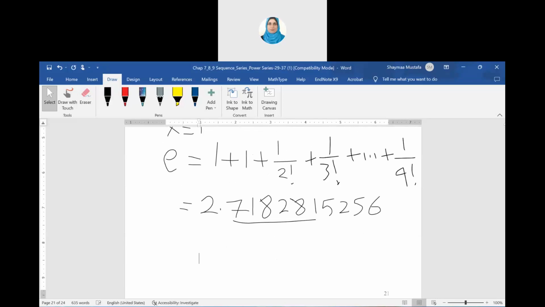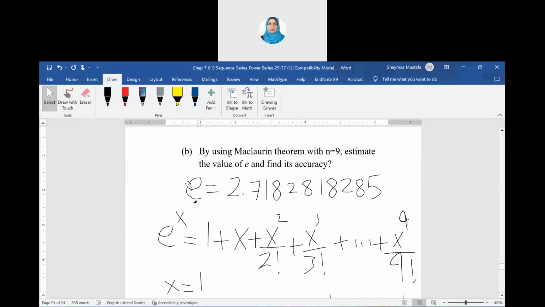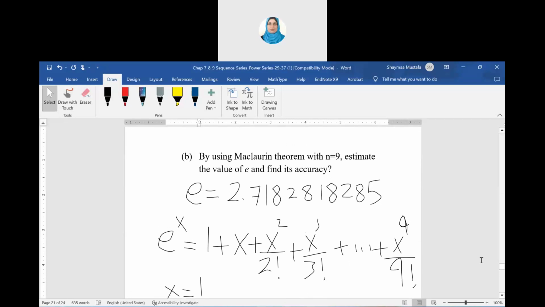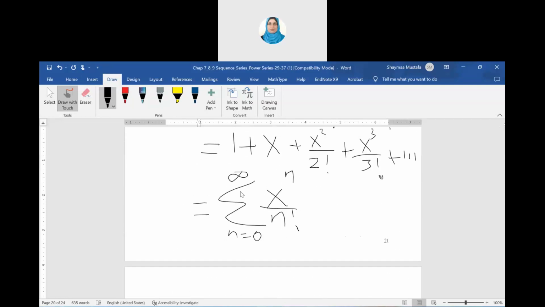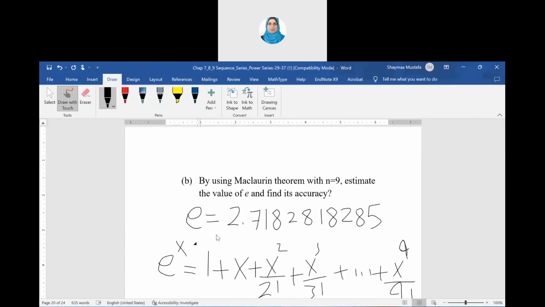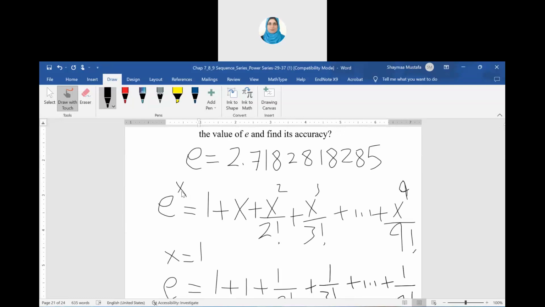So again, how do we find e? First we calculate this value using the calculator, because I will use it to compare. Now I need to find it using the Maclaurin series. The Maclaurin series for the function e to the power x states that e to the power x equals 1 plus x plus x squared over 2 factorial plus x cubed over 3 factorial until x to the power 9 over 9 factorial. We stop at n equal to 9.